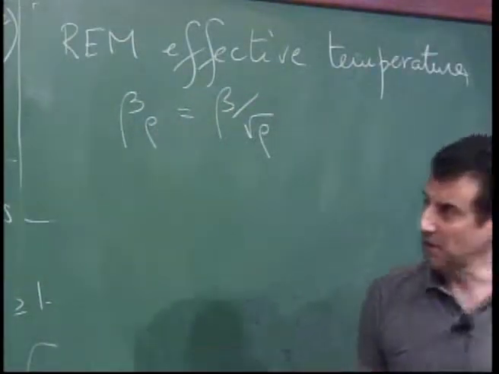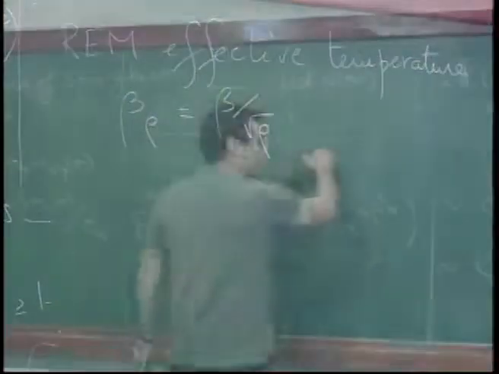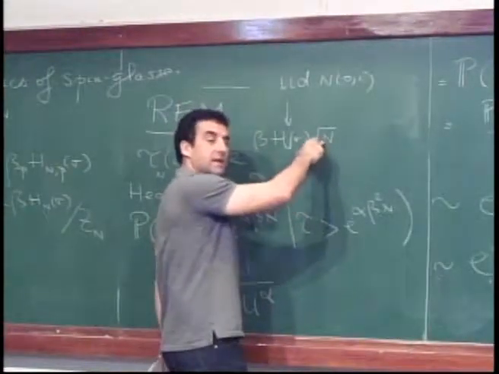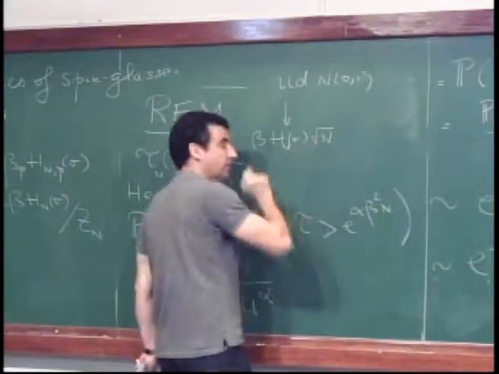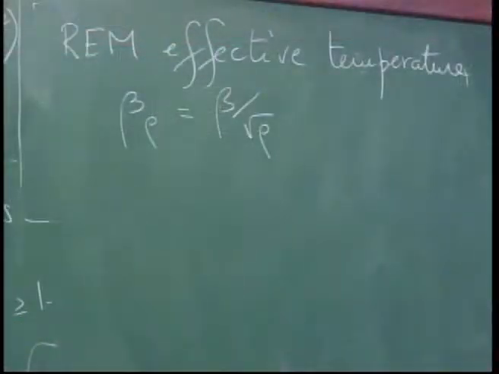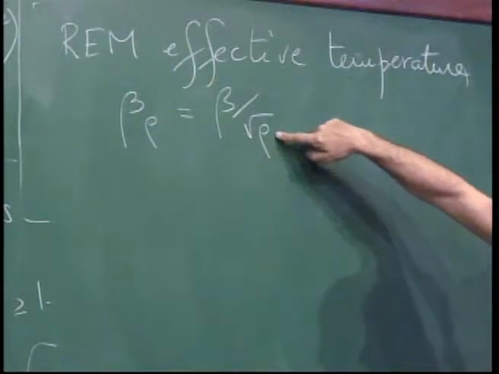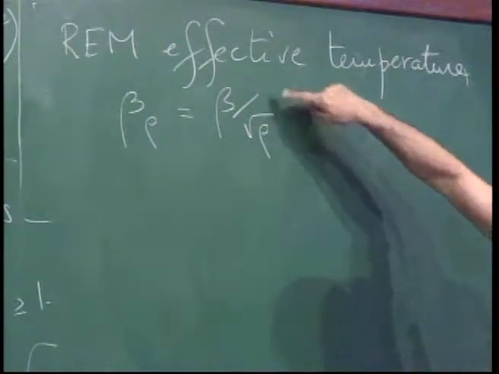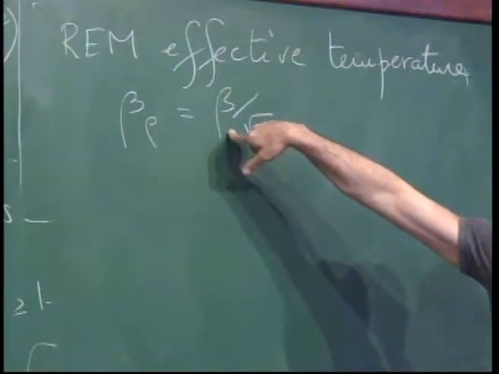Because look at the model: the model is beta h square root of n. If you replace this n by n rho, then you have a square root of rho. Formally, it changes the temperature. Rho here is smaller than 1, so 1 over square root of rho is larger than 1. So this beta rho is larger than beta.